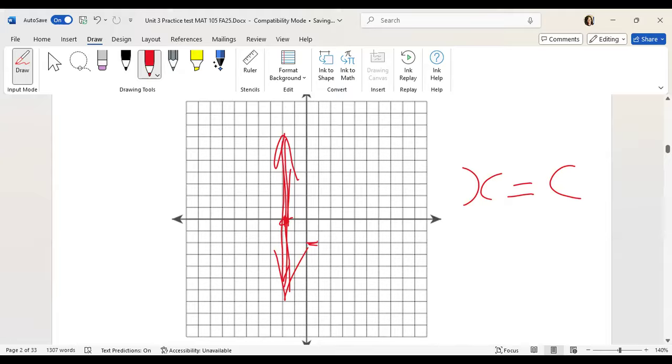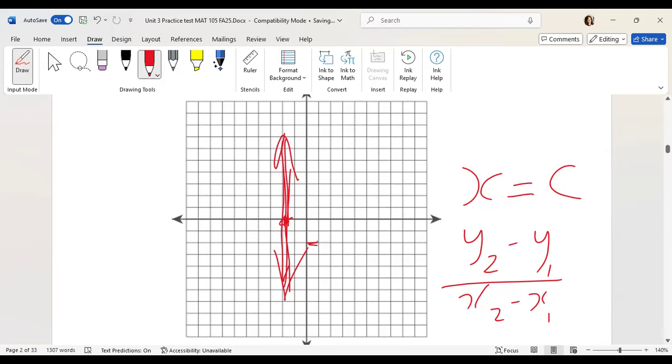If we rewrite that equation, we notice that we know only the value of x, the value of y is not there. Slope is y2 minus y1 over x2 minus x1. Well, we don't have y2. So we can say that the denominator is going to be 0 when we do that. So it is undefined.